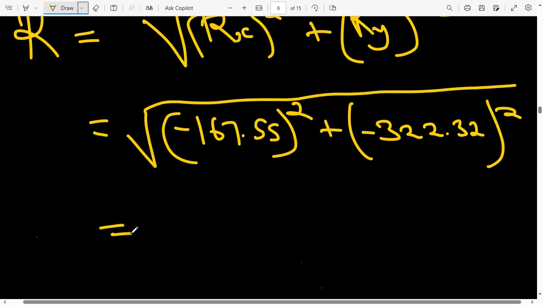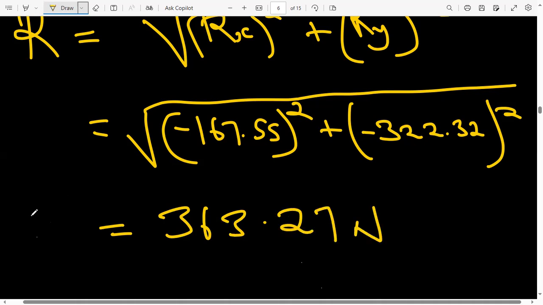I'm going to say square root of, open brackets, minus 167.55 squared plus another open brackets, minus 322.32 squared. Then answer. My answer is giving me 363.27 newtons, to 2 decimal places.